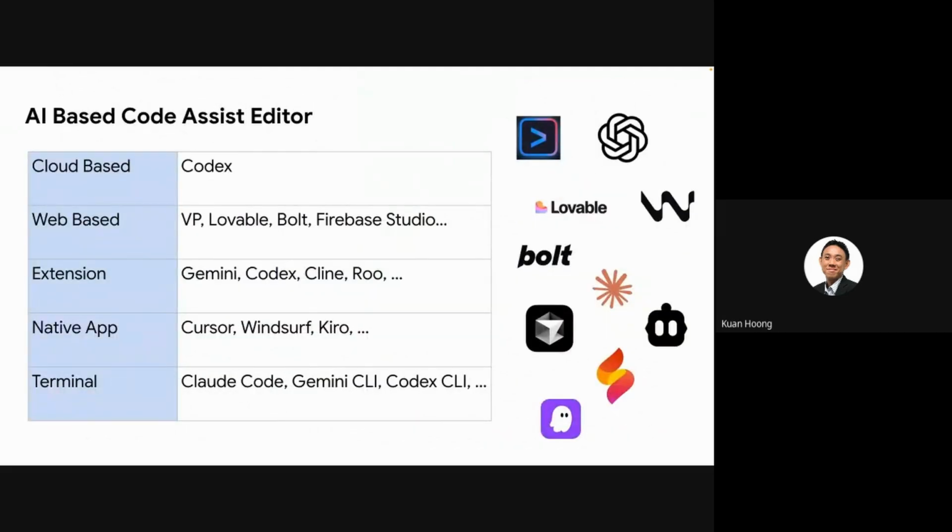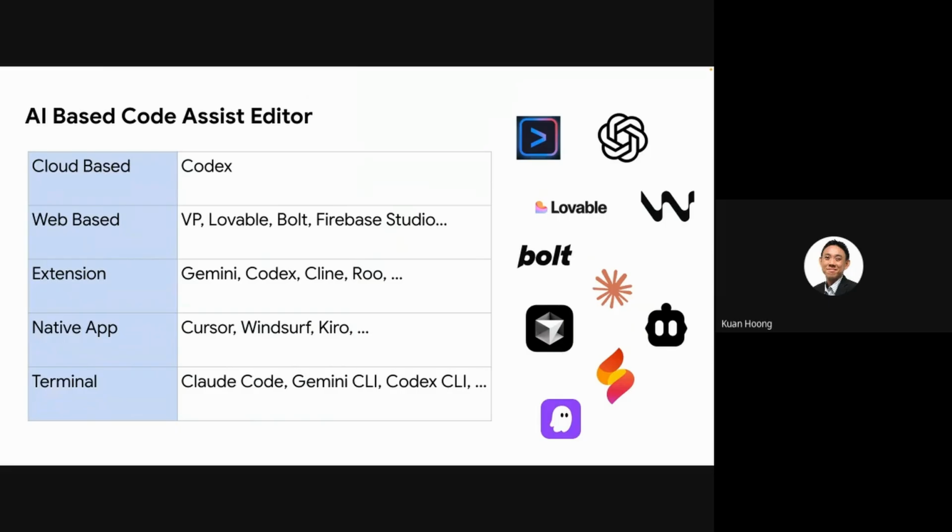So Gemini CLI is not the only AI agent-based coding assistant out there. You have cloud-based Codex. You have the web-based ones. You probably heard of Lovable, Bolt, or Firebase Studio. There are also a lot of extensions available. For example, if you use VS Code, you can also run Gemini as an extension. Now we have Codex, Cline, Roo, all these extensions.